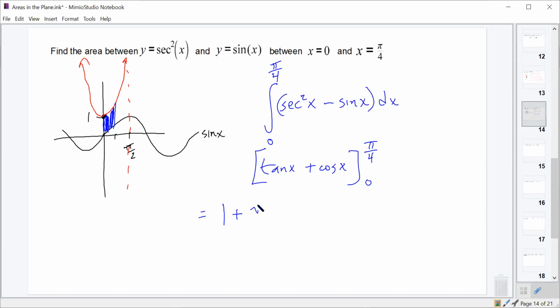Root 2 over 2. Minus tangent of 0 is? 0. And cosine of 0 is? 1. So we got 1 plus root 2 over 2 minus 1, which should be root 2 over 2 units squared.